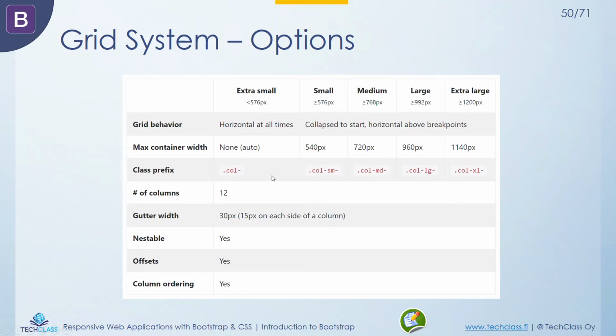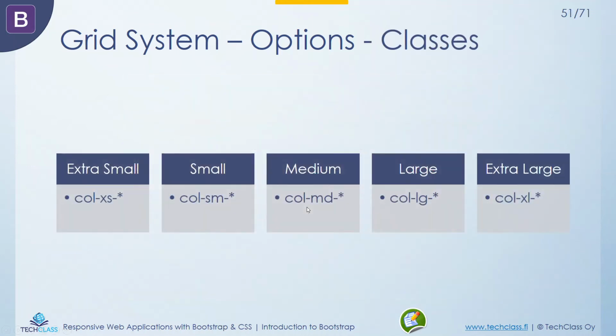If it's greater than this number but below this number, then the screen size is considered small. So we can allocate different classes to that grid in order to arrange things in a different order according to different screen sizes. It's a very interesting and practical concept.